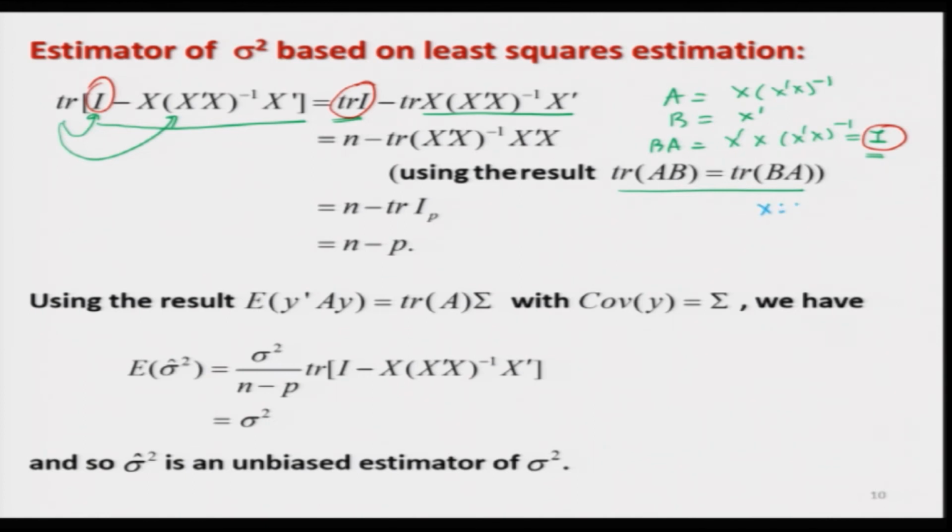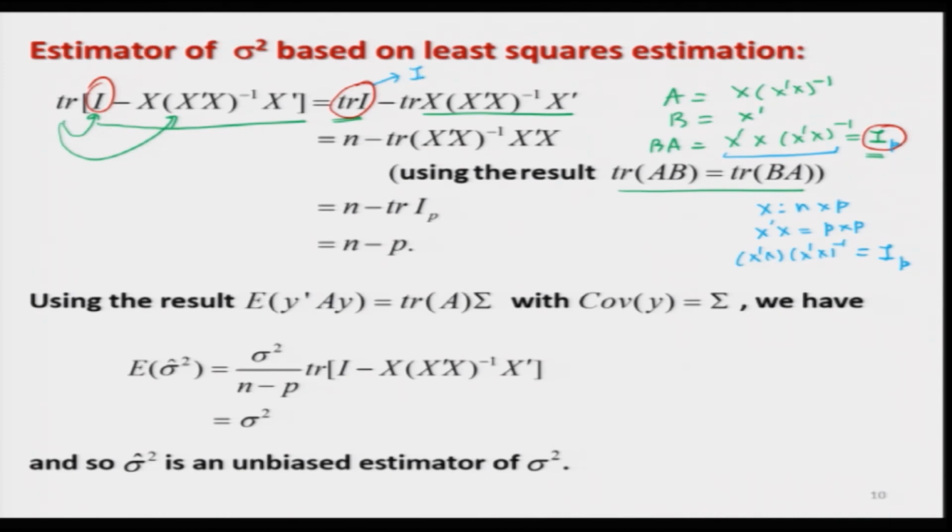X has order n cross p, so X transpose X has order p cross p. So X transpose X into (X transpose X) whole inverse is the identity matrix of order p, and similarly, what is the order of this other matrix I?